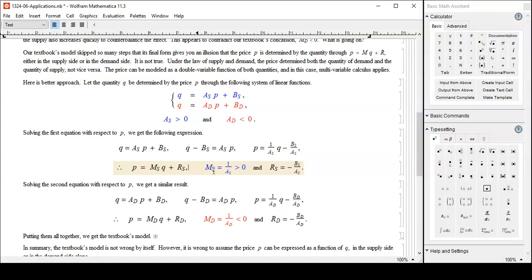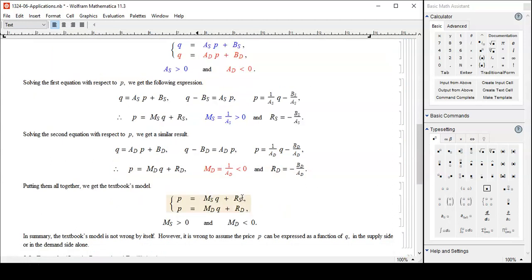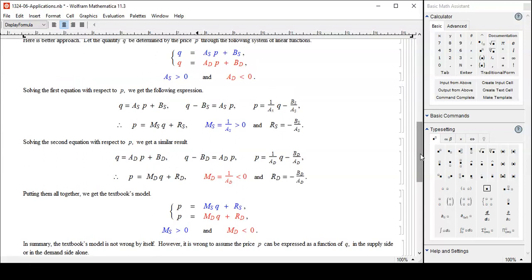And then M here and M there are positive and negative respectively because A's are positive and negative respectively. Consequently, we end up with the same thing as before. The price on the supply side, the price on the demand side, and the slope for the supply side is positive because it's 1 over A, and A is positive, and the slope for the demand side is negative because it's 1 over A, and A is negative.